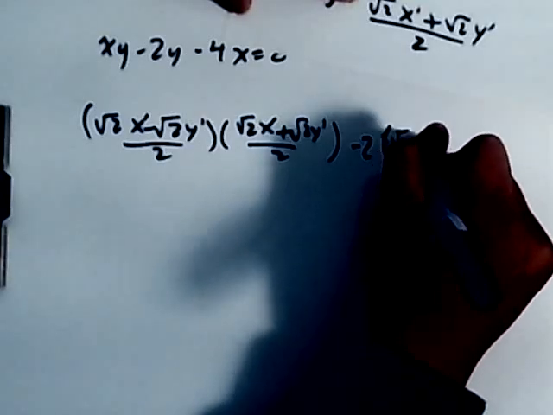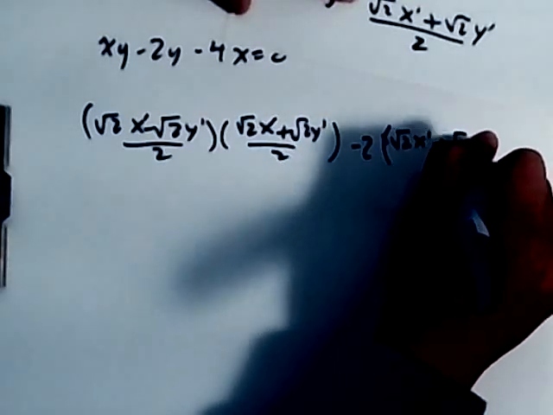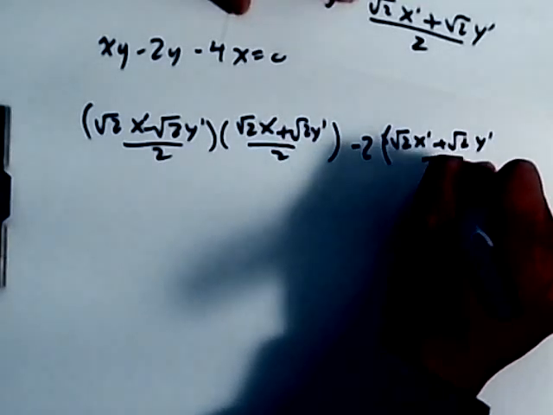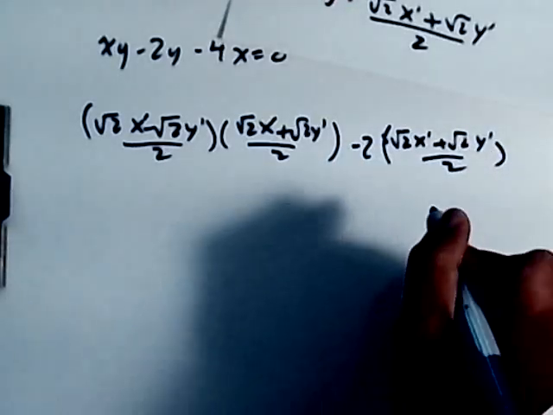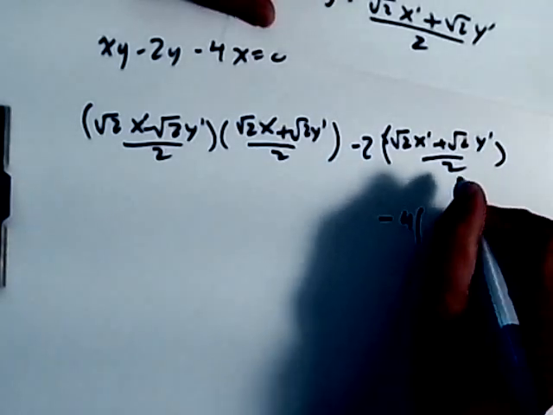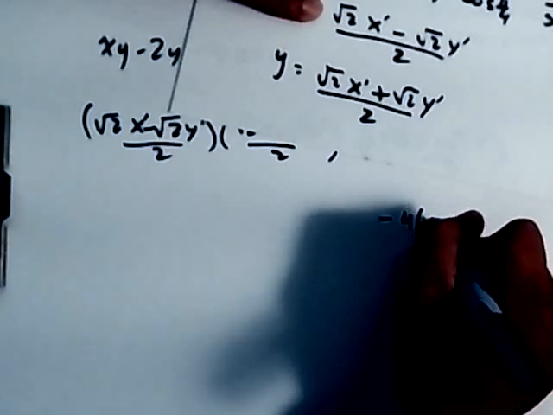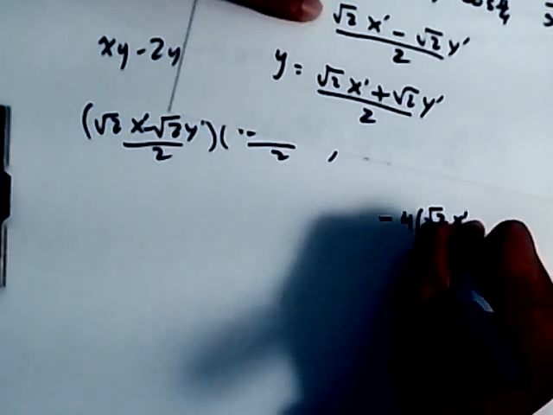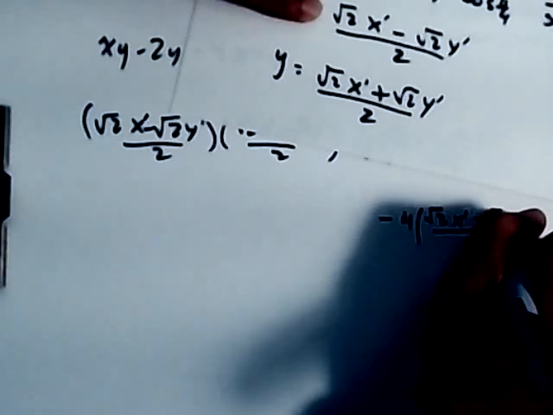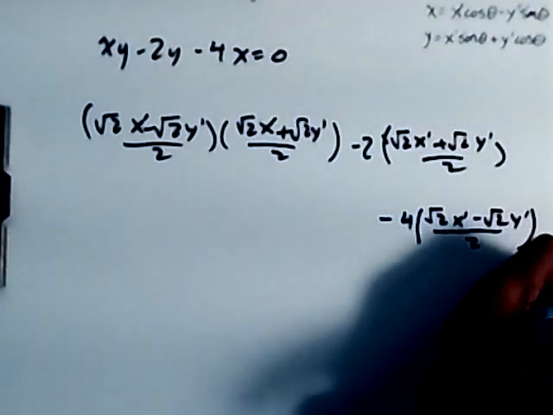I'm going to put parentheses: root 2 x prime plus root 2 y prime all over 2, minus 4 times x, which is located right over here, root 2 x prime minus root 2 y prime all over 2, equals 0.